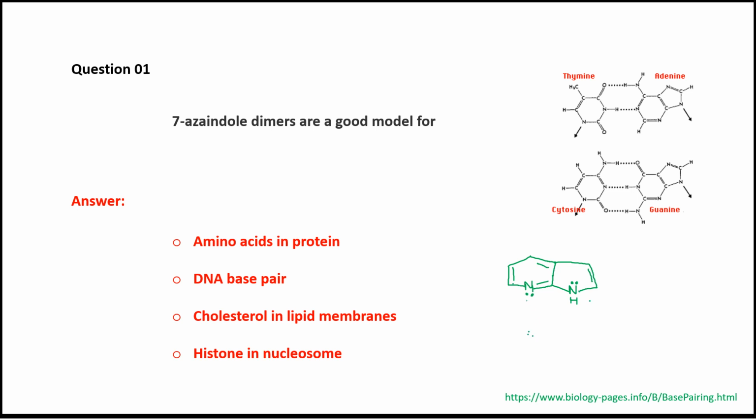So first we'll draw one more azaindole derivative, just opposite, so that we can show how the dimer looks. Somewhere here the nitrogen is with a lone pair, and the pi bonds are like this.